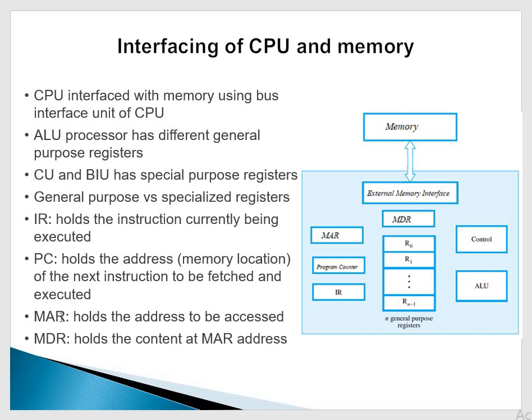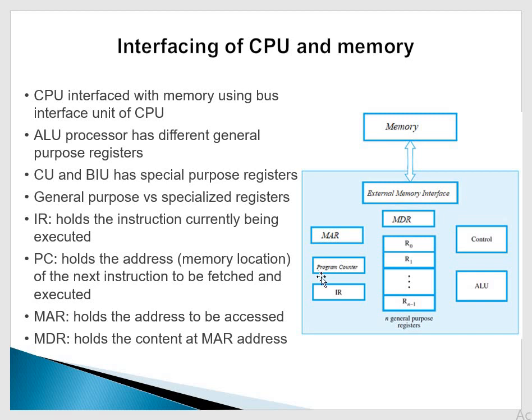And next is the MAR. It is the memory address register. It is used to hold the address of the memory whatever data or opcode we want to read from or write to the memory. The address of that particular memory will be held by the MAR register.